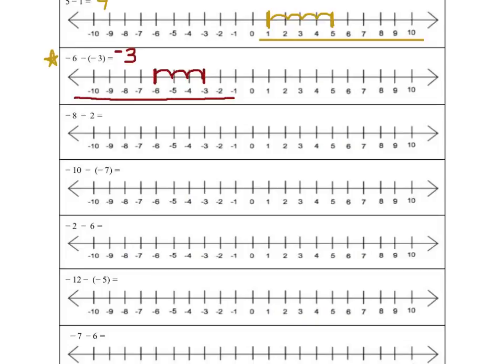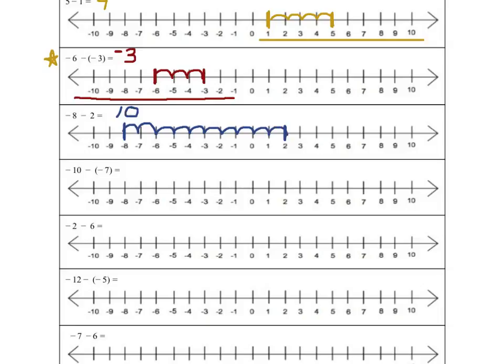So let's look at our next one. Negative 8 minus 2. So I'm looking at the distance between negative 8 and a positive 2. 1, 2, 3, 4, 5, 6, 7, 8, 9, 10. So my answer is going to have the number 10.